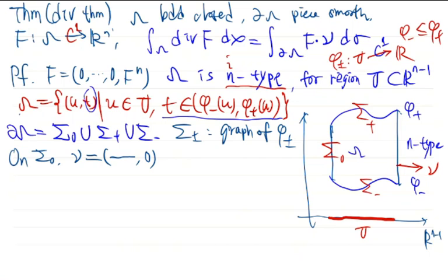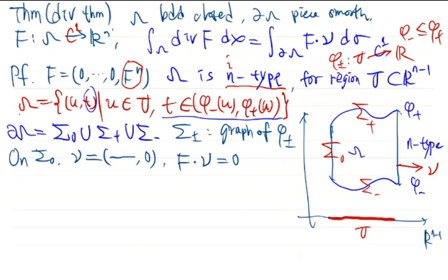Therefore, the inner product of f and nu is 0, because all the components of f are 0 except the last one, but the last component of nu is 0. So their inner product obviously is 0. This is the first observation.